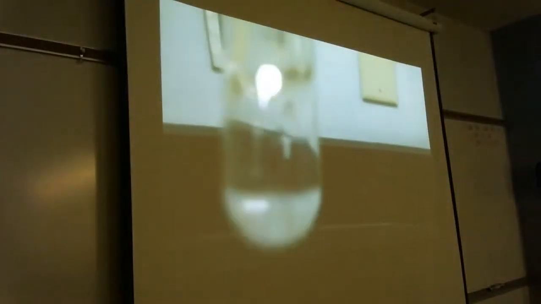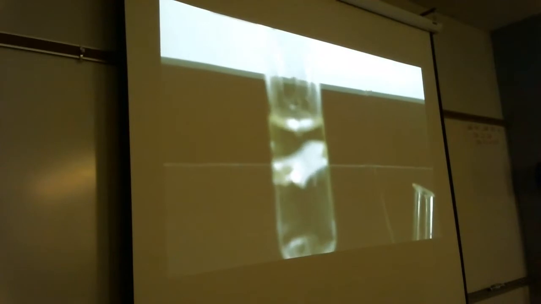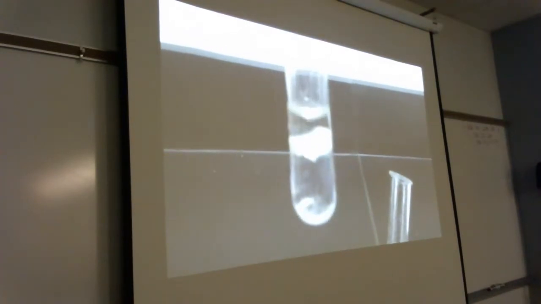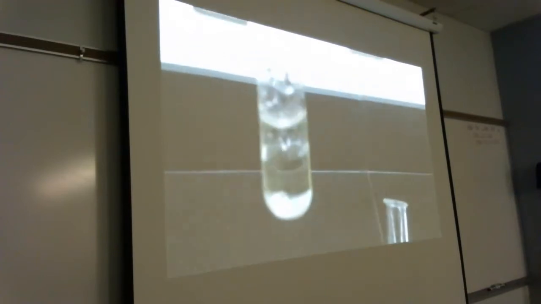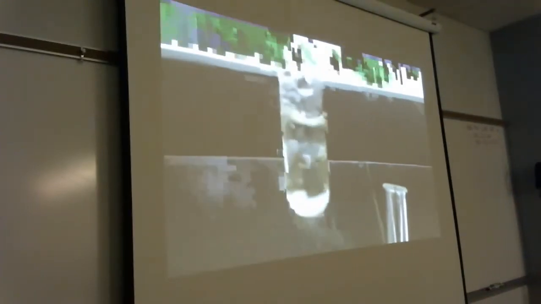In both cases, we see the formation of layers. This shows that the polar solvent and the nonpolar solvent are immiscible in each other. There's ethanol and water with our nonpolar solvent, and ethanol with our nonpolar solvent. We see formation of layers. This indicates that the two are incompatible with each other.